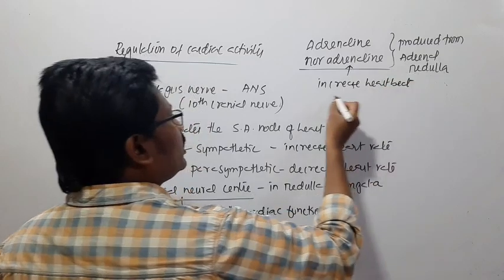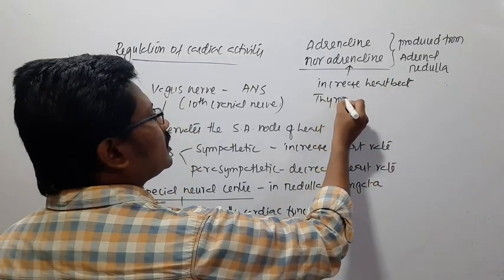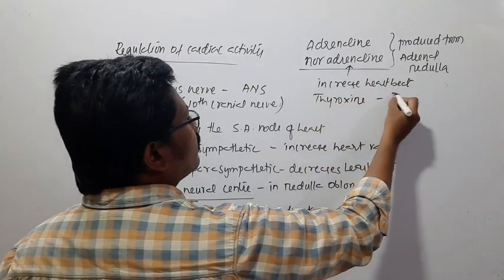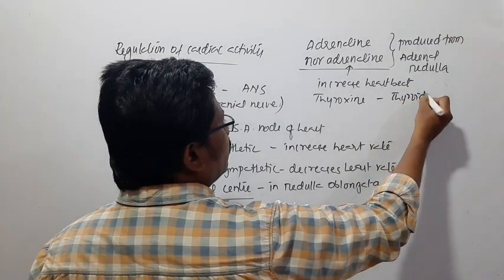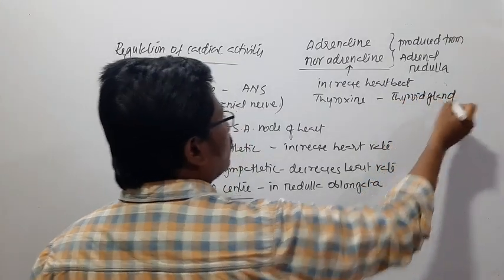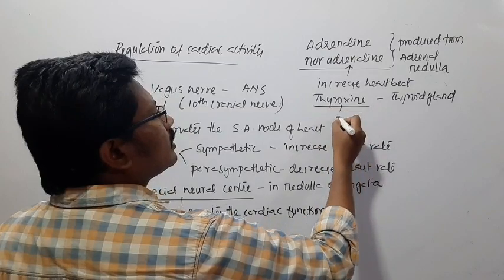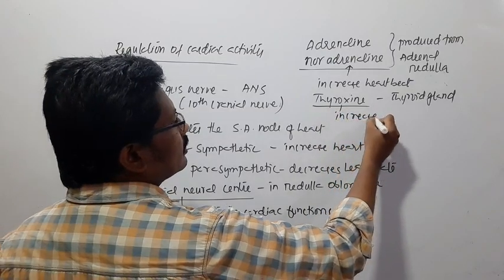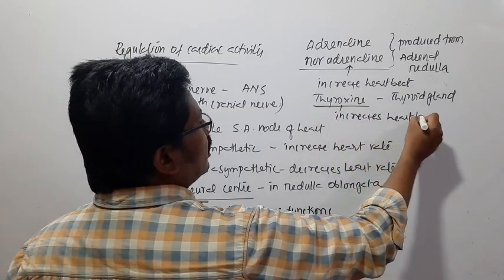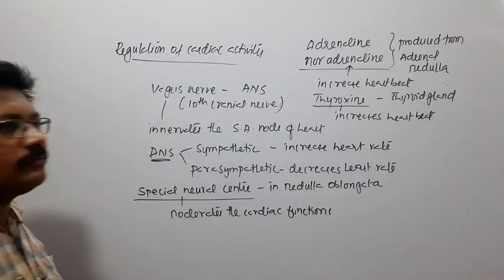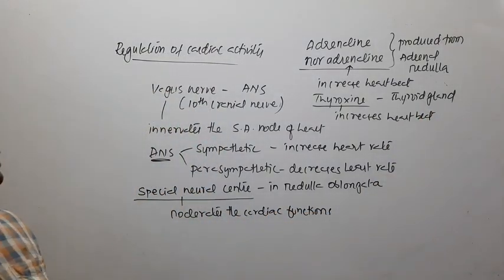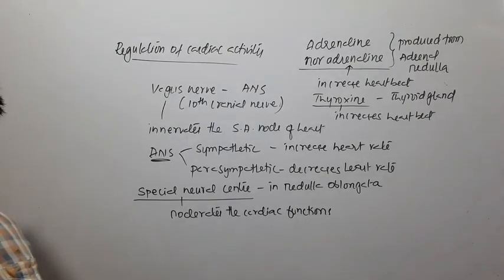There is one more hormone, that is thyroxine, from the thyroid gland. This also increases the heartbeat, right? So adrenaline and noradrenaline from the adrenal medulla will increase the heartbeat, and also the thyroxine from the thyroid gland will also increase the heartbeat, right?